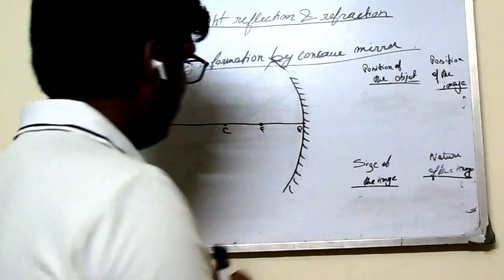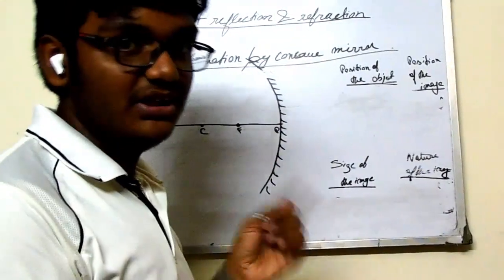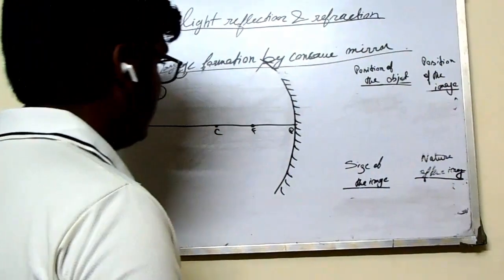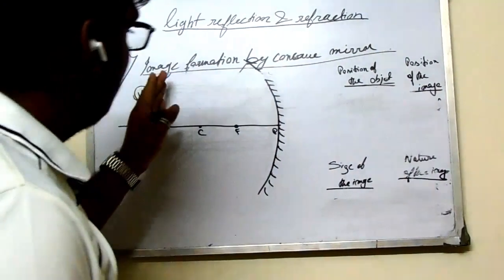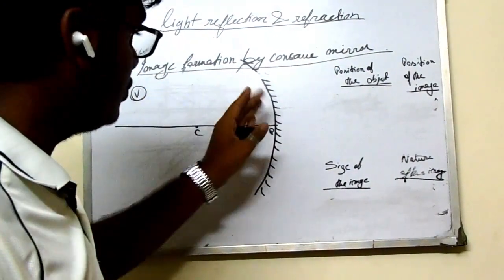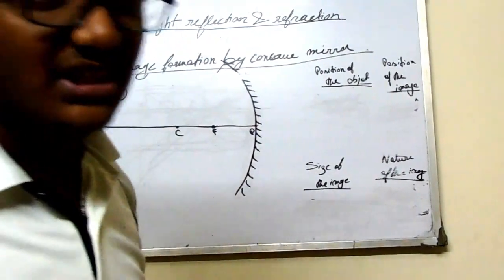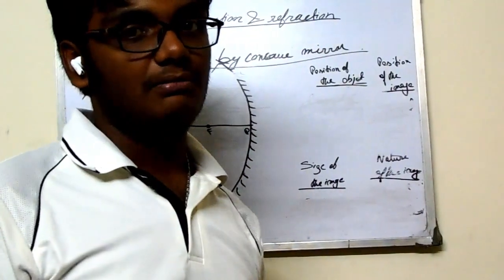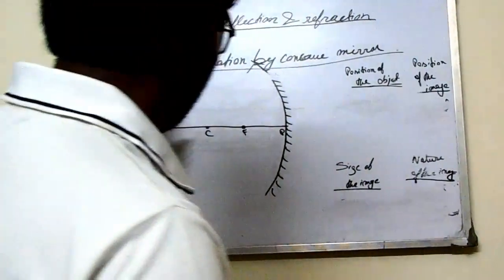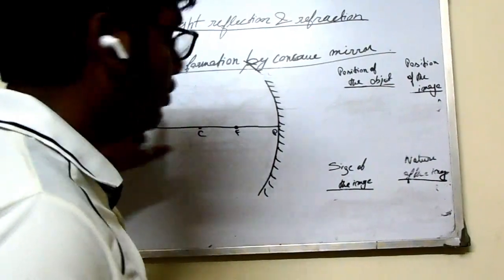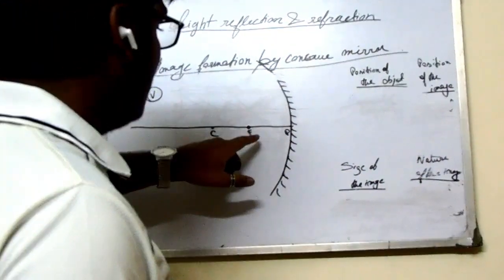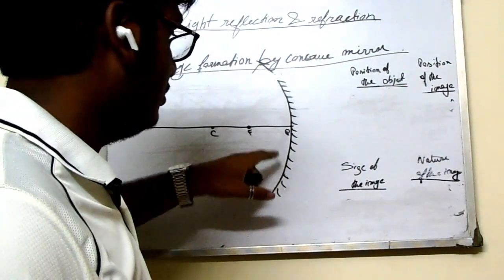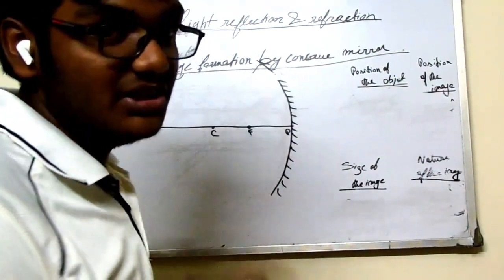Okay, so they are related. As the object is going closer, the image distance is also becoming enlarged, meaning it is increasing. At first the object was beyond C, that is at infinity, so in that case the image was of diminished size.